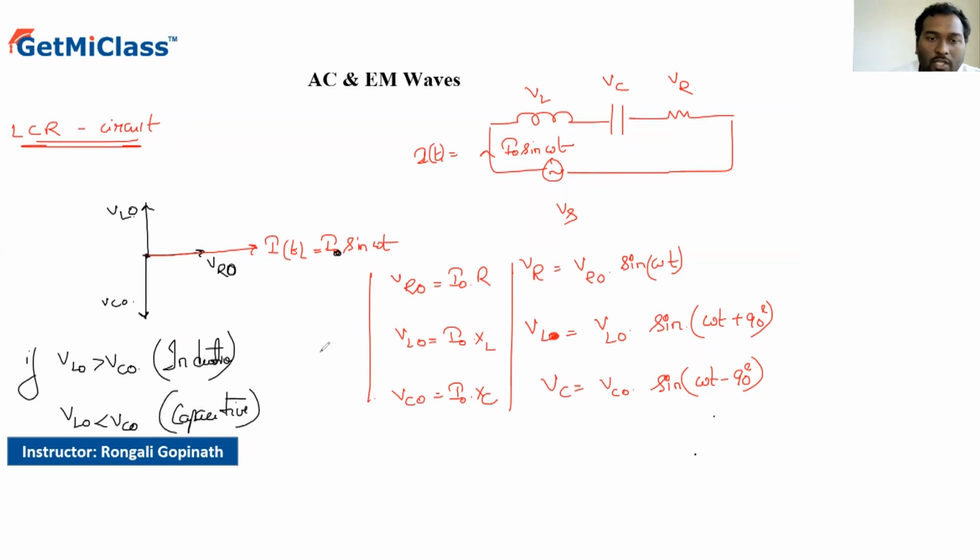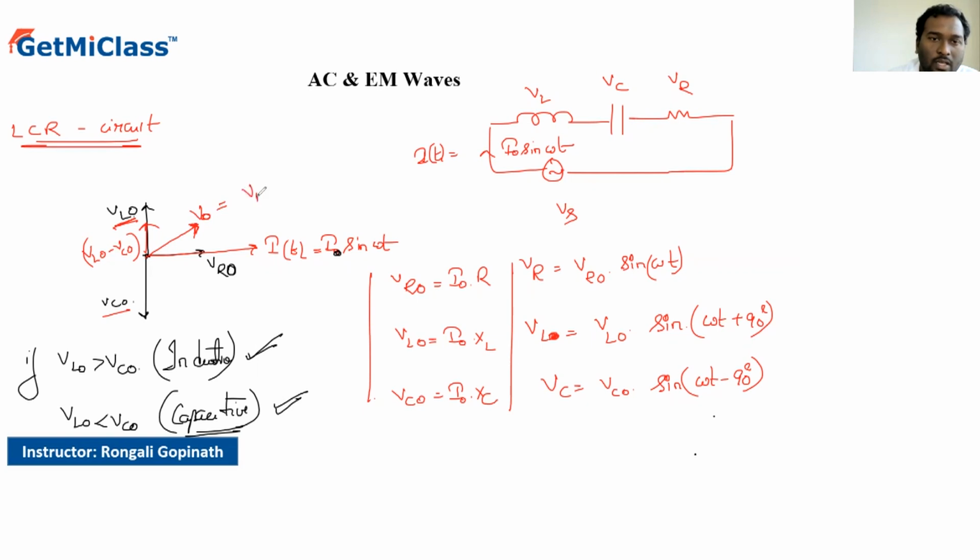Now let's look at one of the cases. Now let's look at the one condition where VL naught is greater than VC naught. The net voltage between VL and VC would be like this, which is VL naught minus VC naught. And the resultant peak voltage of the source would be like this. Let's call it V naught.